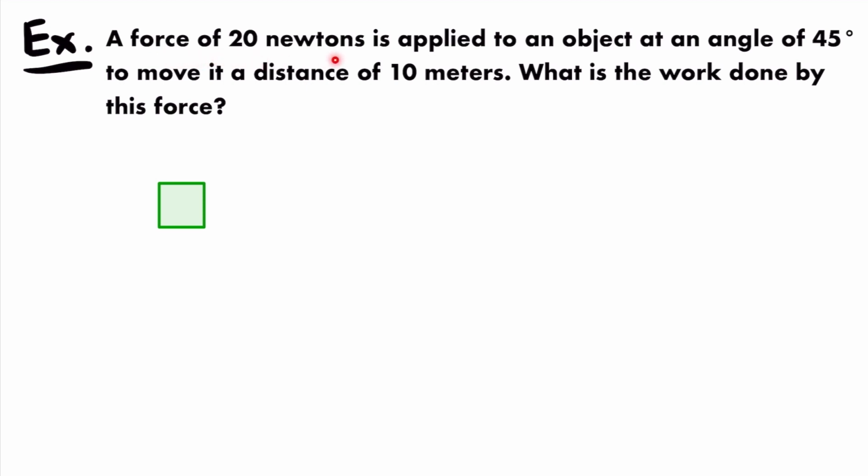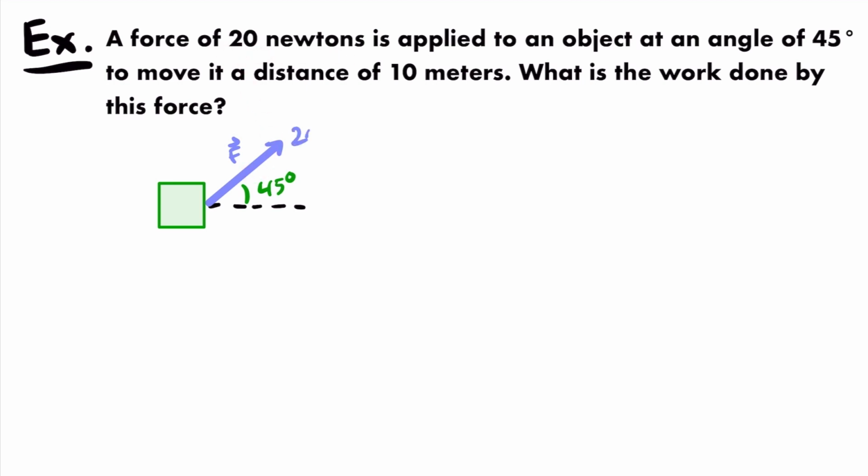In this problem, we have some object, and that object is going to experience a force of 20 newtons applied to it at an angle of 45 degrees. If this is the horizontal for our object, then the force applied to it will look something like this, and we'll label it as vector F, or the force vector, and it creates an angle of 45 degrees with that horizontal. In particular, that force is a force of 20 newtons.